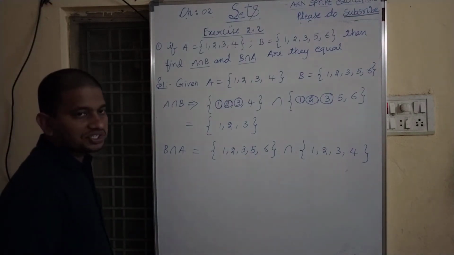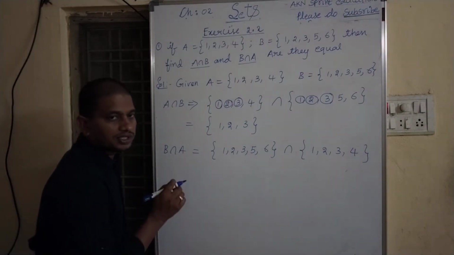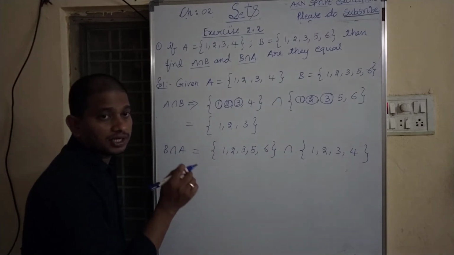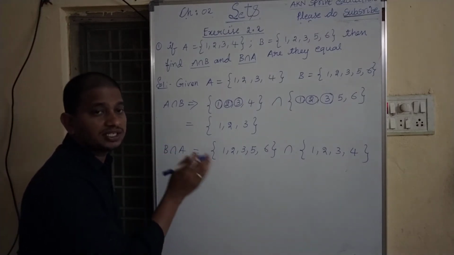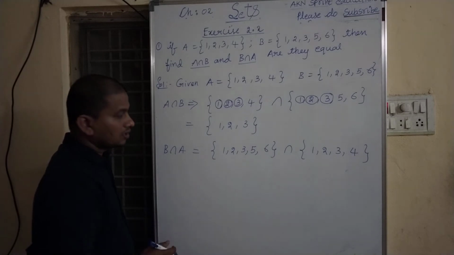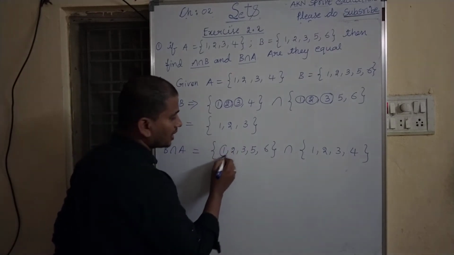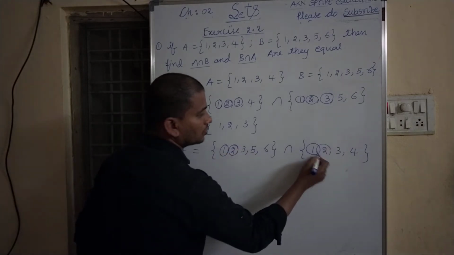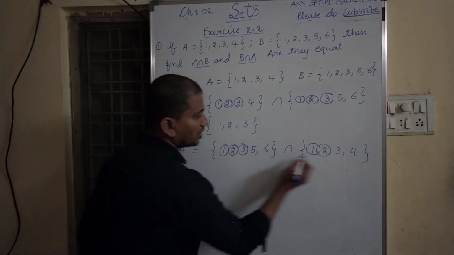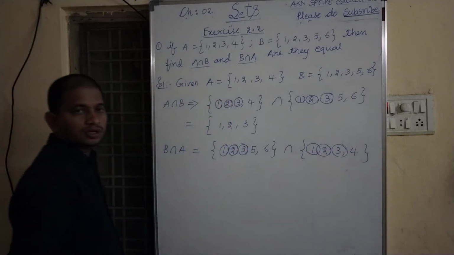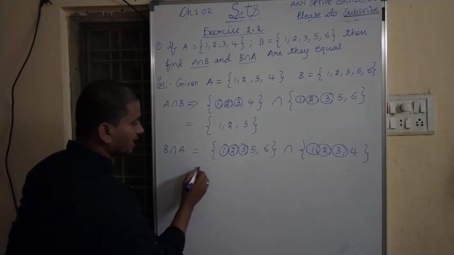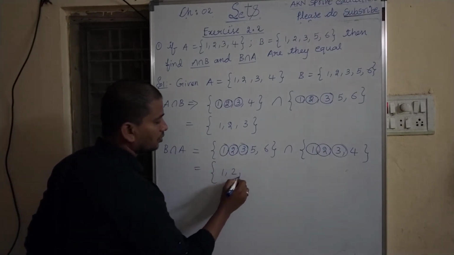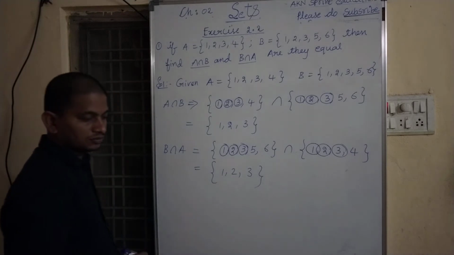Again, intersection. As we know, intersection is nothing but the set of elements which are present in set A and set B. The common elements, again 1, 2, 3. They are the common elements, right? That is 1, 2, 3.